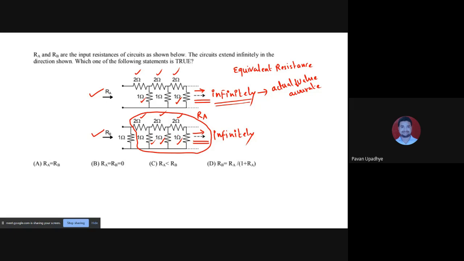So now if you look at this carefully, it clearly suggests that RB is actually like this. So this is 1 ohm that I am plotting over here, and ahead of the branch of 1 ohm, whatever is present is actually RA.